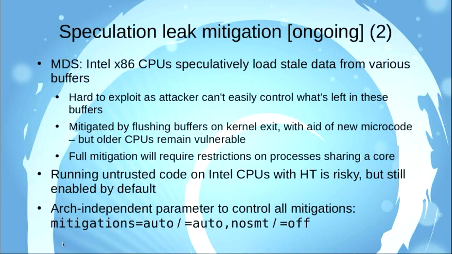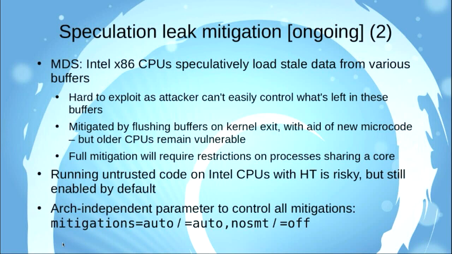They will speculatively load stale data from various internal buffers, and that's quite hard to exploit because an attacker can't easily control or predict what's in those buffers. The mitigation for this has been to flush those buffers whenever the kernel exits to user space. That required new microcode to add the buffer flushing functionality. Older CPUs did not get microcode updates and they remain vulnerable.